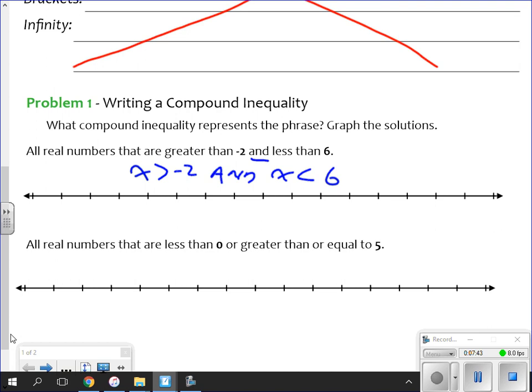Okay, so -2, -1, 0, 1, 2, 3, 4, 5, 6. On -2, I've got an open circle. On 6, I've got an open circle, and I've got everything in between. Okay, that's an and.